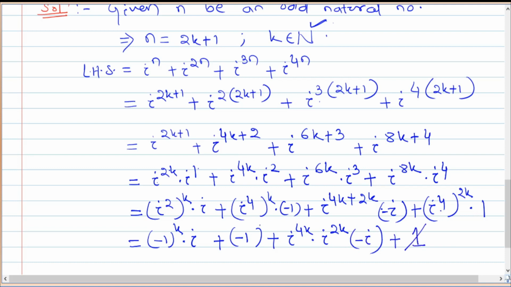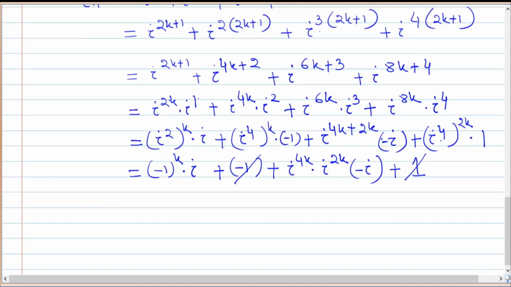Here it is 1 and minus 1, they cancel. Now what is left is minus 1 to power k into i, minus i to power 6k into i, where i to power 4k is 1.